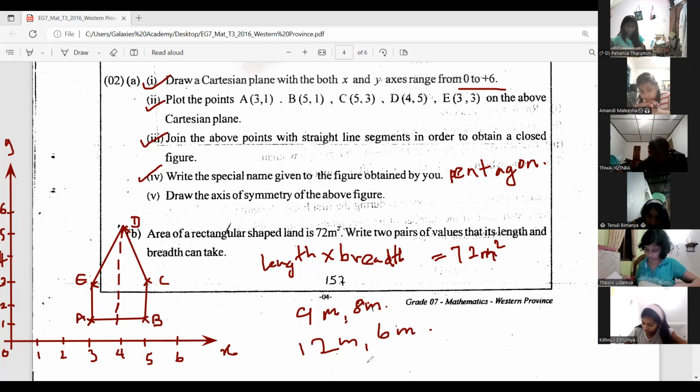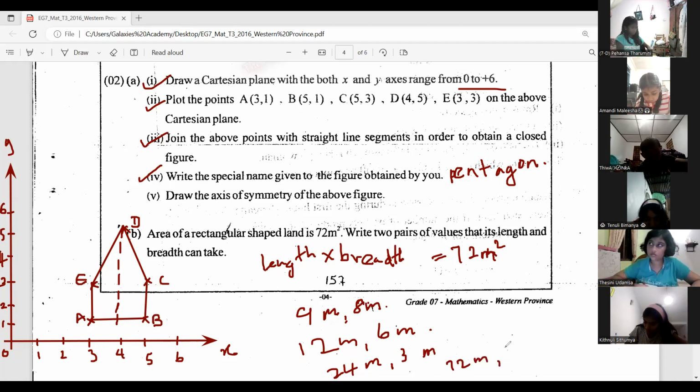If you want to get more pairs, 24 and 3. Only two pairs are enough. Then also you can get 72 and 1. Right, like that.